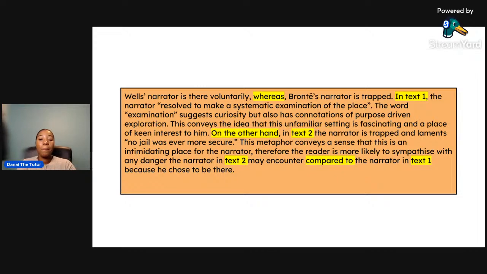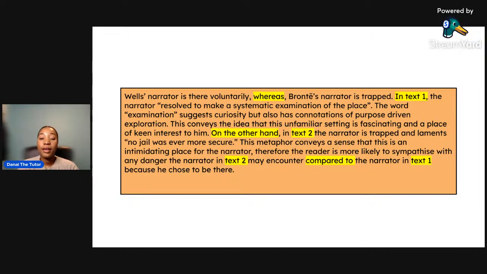Okay, so Wells' narrator is there voluntarily, whereas Bronte's narrator is trapped. In text one, the narrator resolves to make a systematic examination of the place. The word examination suggests curiosity, but also has connotations of purpose-driven exploration. This conveys the idea that this unfamiliar setting is fascinating and a place of keen interest to him.